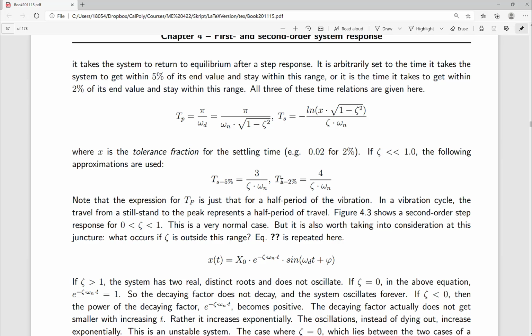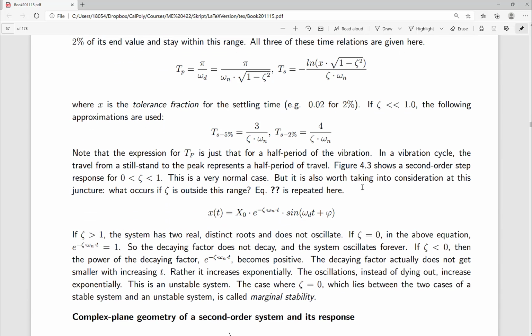And then you have a 2% band. The 5% band is 3 over zeta omega n. The 2% settling time, so you're within 2% of the final value and you never come out of that again, is 4 over zeta omega n. Different industries will have different standards. What I'm going to use always, just to be consistent, is this 2% band.